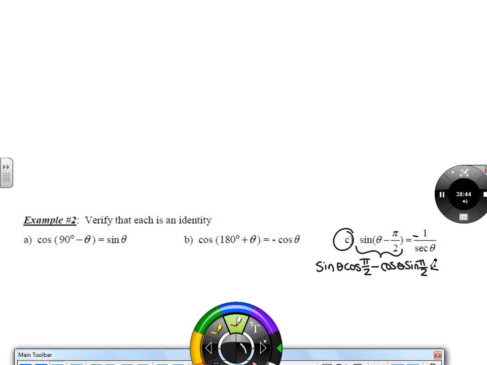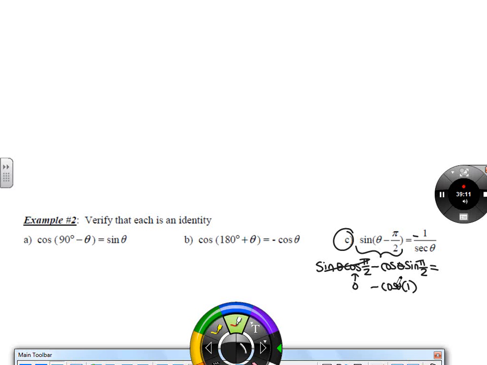And then just like we did before, we're going to calculate the ones we know. Cosine of pi over 2 is 0, so that part's going to be gone. That's because this was 0. I didn't just cross something out, okay? Annika? Yes. Sine of pi over 2 is 1.